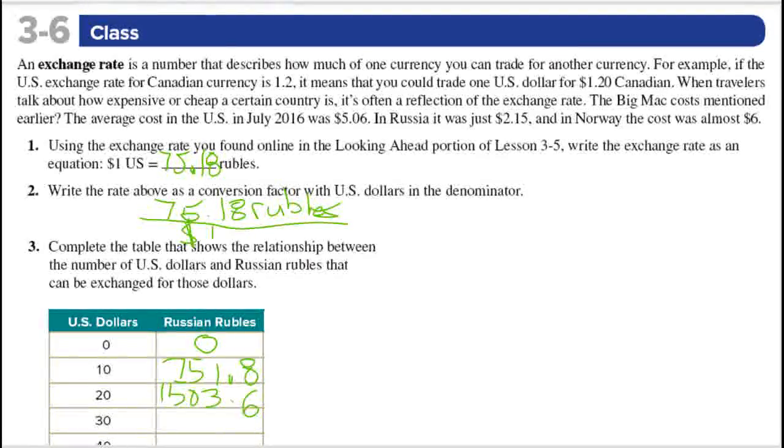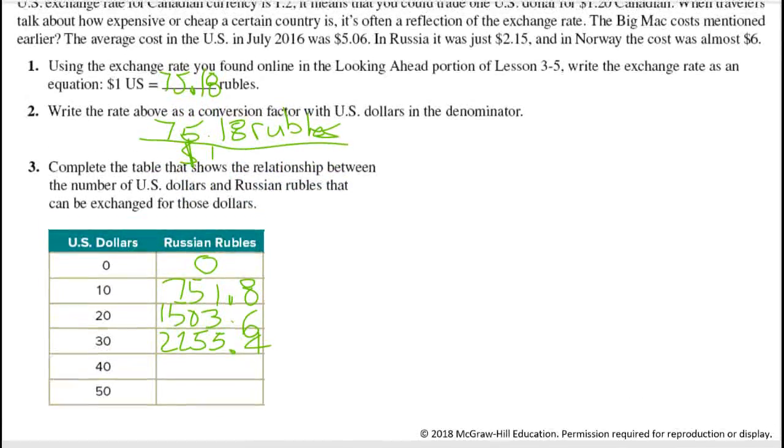Multiply that by 30, 2,255.4. Double check that on the calculator. But you get the idea. Filling out the tables, not that much of a challenge. So hopefully if you didn't get those numbers, you can figure out why and finish the table correctly.